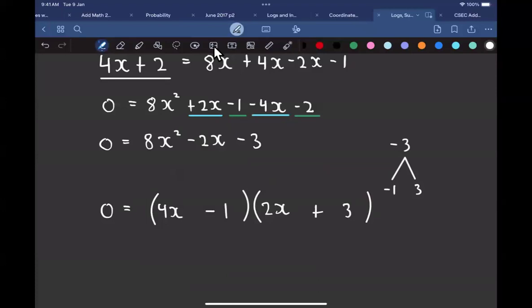Kira, let's expand it out quick. 4x by 2x, that's what? Oh, 8x squared. What's 4x by 3? And where's minus 1 by 2x? Minus by a positive is a negative.